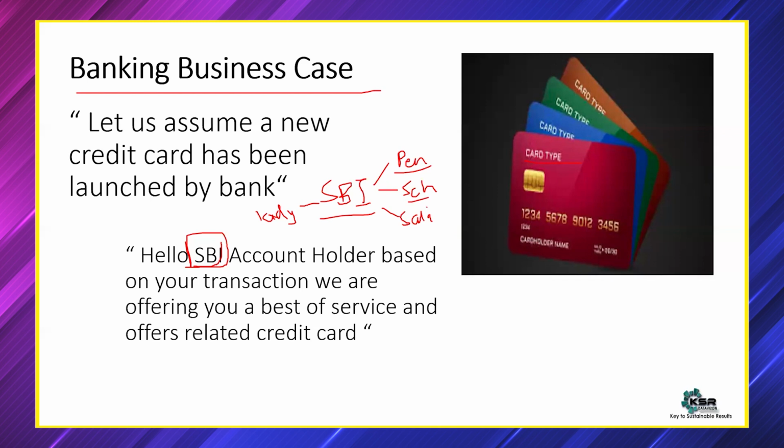Now, if SBI is launching a new credit card, first they will try to analyze which age group is the best fit, who can get this credit card, who can opt for this credit card. Usually a person aged 25 plus up to 55 can take it.